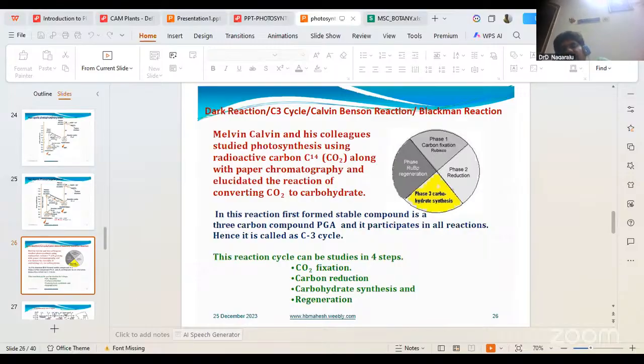Then it absorbs ATP and forms 1,3-phosphoglyceric acid, with phosphate at both the first and third carbon. The third carbon already had a phosphate, and the first carbon also gets a phosphate from the ATP.